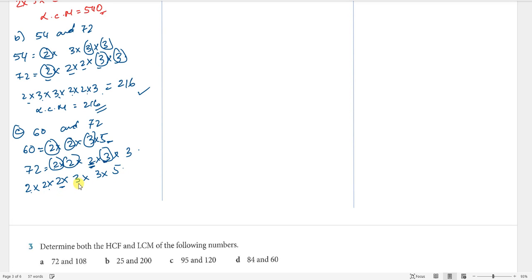Then comes 3, we write 3. This is the other remaining 3, we write 3, and the last remaining is 5. So the answer is 360. Therefore, LCM is equals to 360.